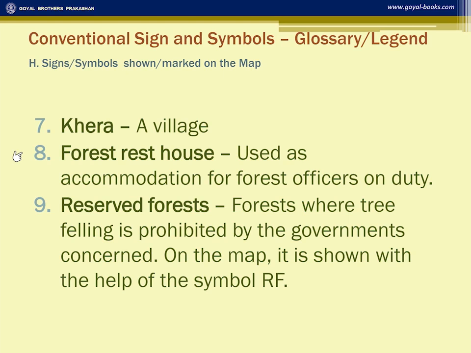Forest rest house is used for accommodation for officers on duty. Reserve forests are shown as RF on the map, but it should not be confused with representative fraction. Forests where tree felling is prohibited by the government are given as reserve forest.